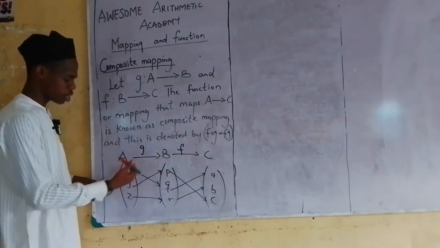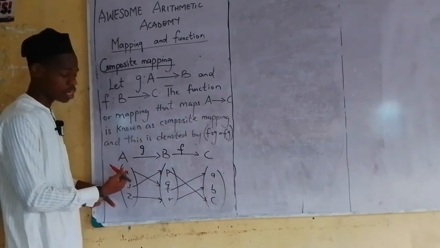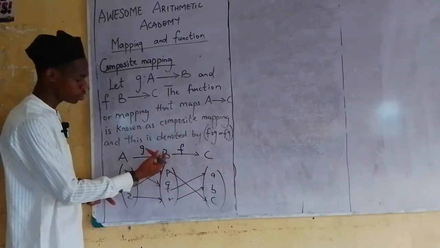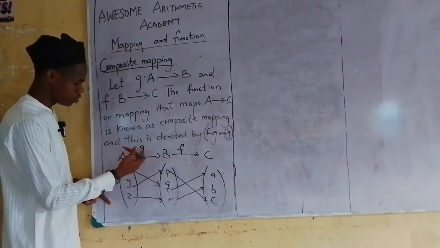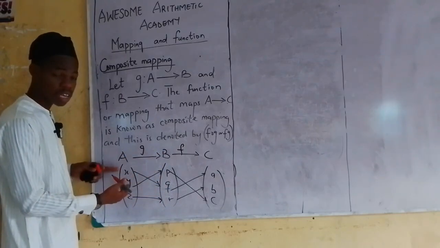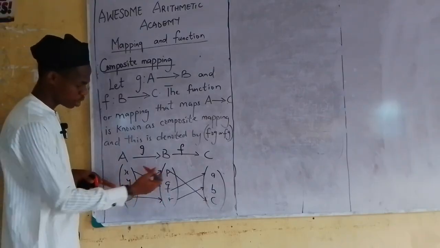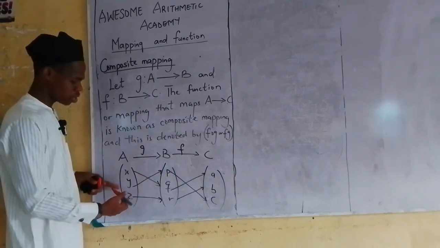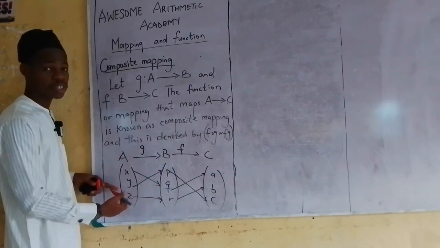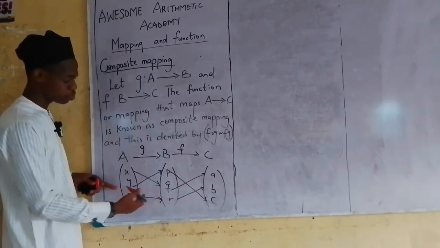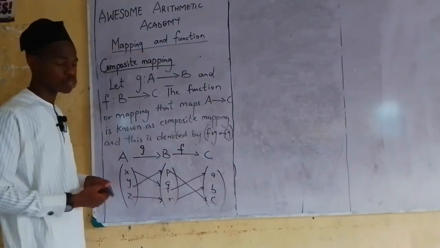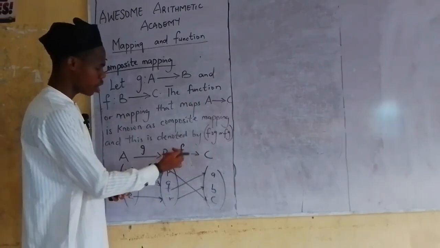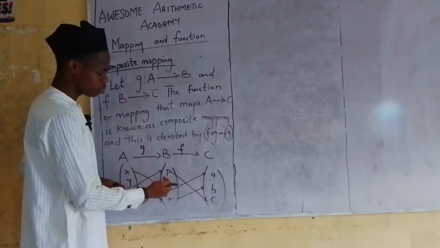If g takes an element in A, which is x, it will produce q under B. If g takes y, it will produce p under B. And if g takes z as the input, it will produce r as the output under B.